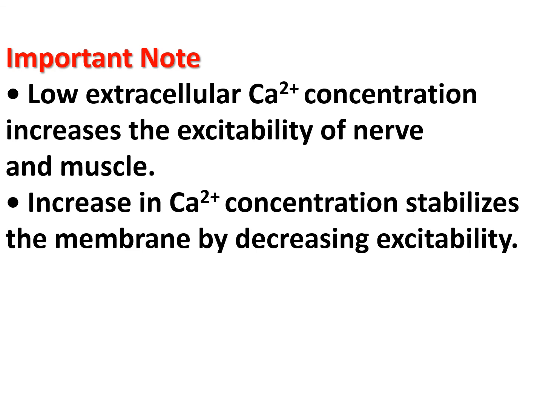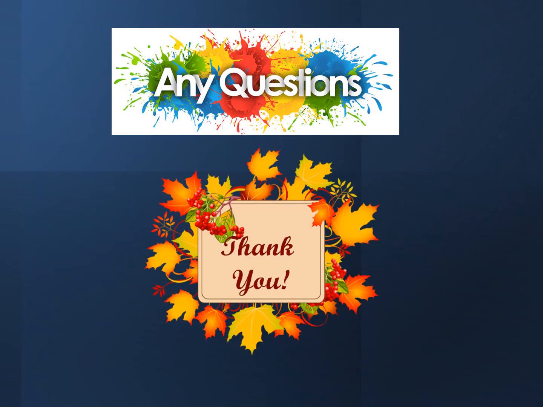A very important note is that low extracellular calcium concentration increases the excitability of nerve and muscle by decreasing the amount of depolarization necessary for initiating the changes in sodium and potassium conductance required for the action potential, and increasing the calcium concentration stabilizes the membrane by decreasing the excitability.